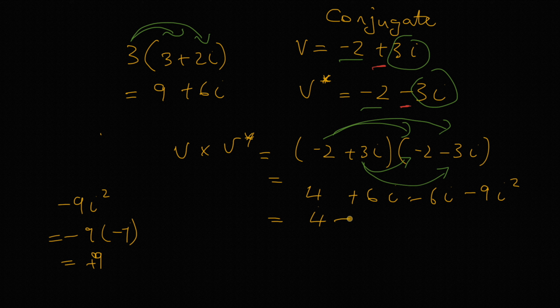So the answer would be 13. So when you multiply a complex number with its conjugate, there is no imaginary part left. The answer would always be a real number, and that's important going forward. So what we've covered here is the addition, subtraction, and multiplication of complex numbers.